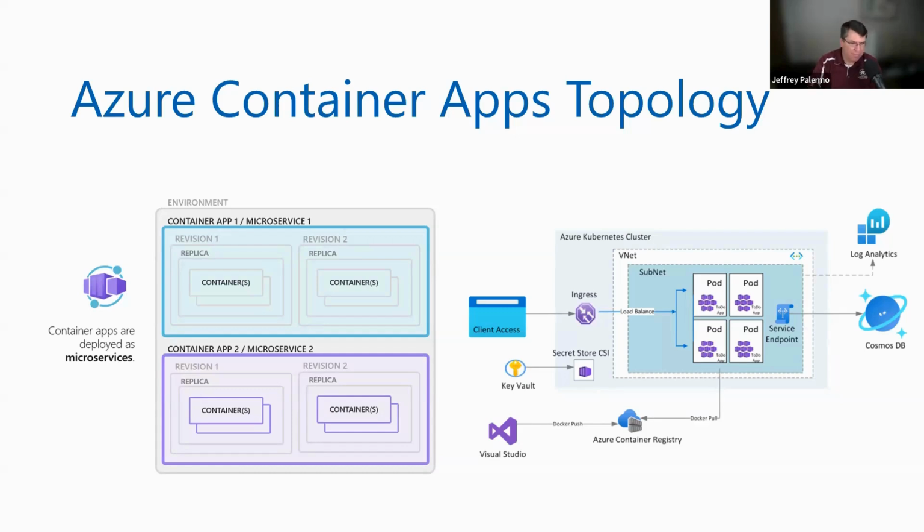Well, by definition, the pod is the Azure Container App, and you're going to have multiple Azure Container Apps, which are each a pod inside your Azure Container environment, which is a Kubernetes cluster. All right, so that's the underlying architecture. And I think the rest will make sense once you understand that.